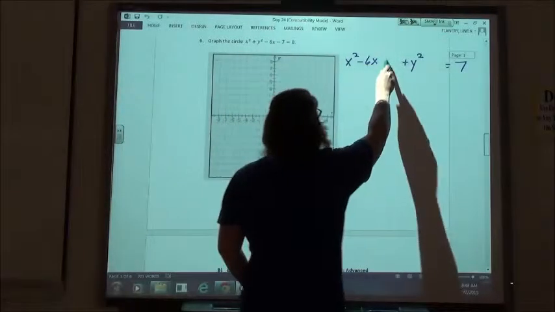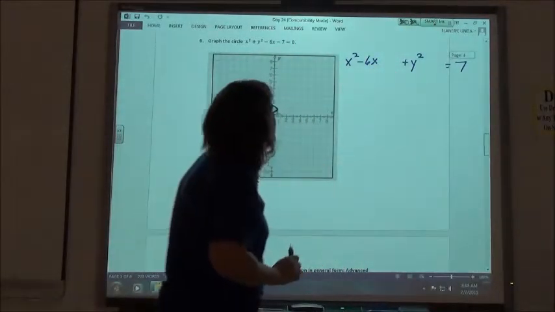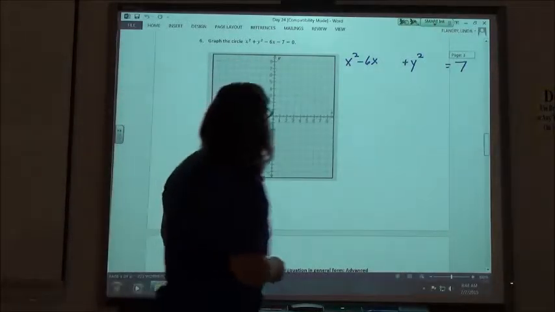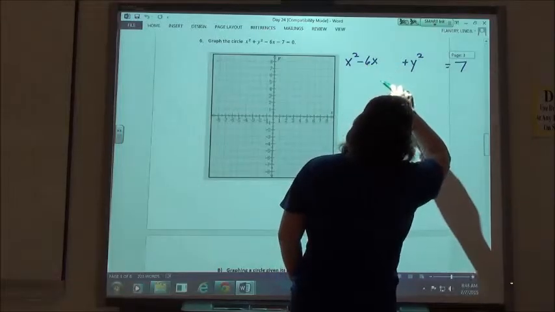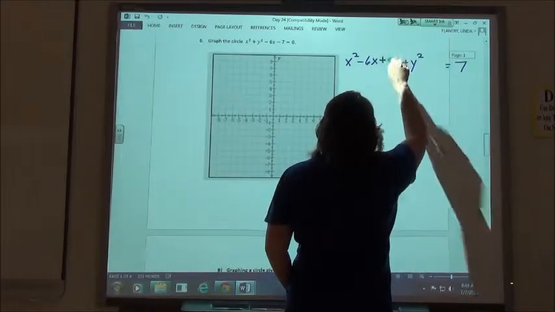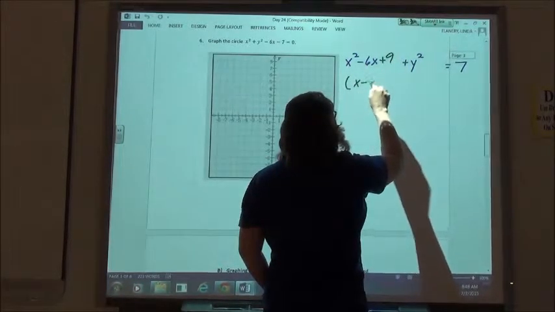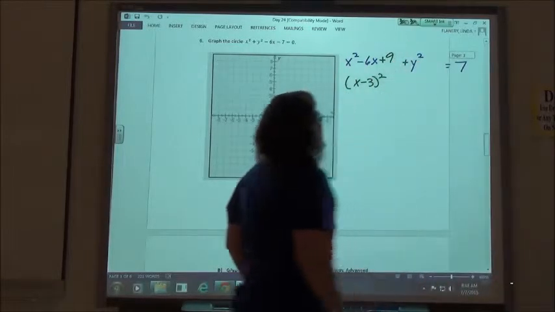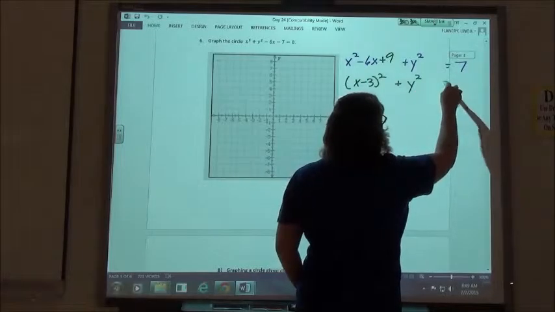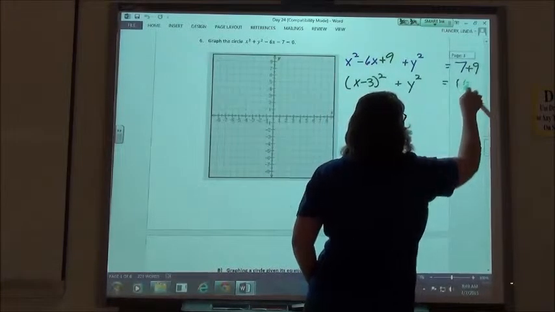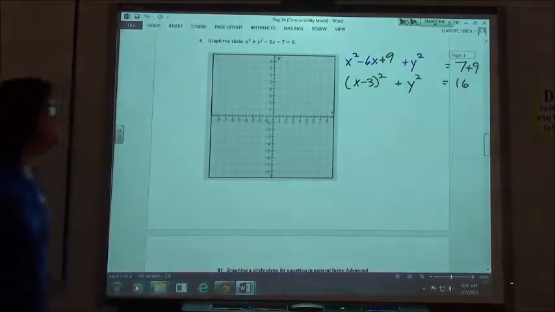What would I have to add here? 9. Is that going to work out right? Oh yeah, it is. Never mind. Here I just have a y squared, so I don't need to complete my square on that one, and if I add 9 over here, I get 16, right?